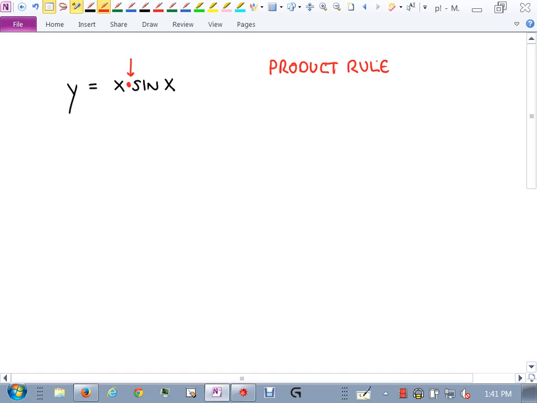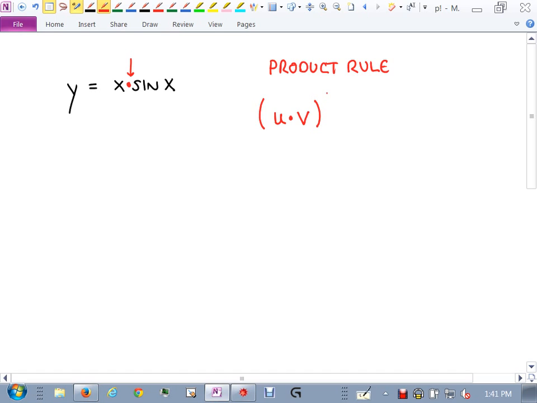Here's a notation that I'm going to use. If I have something, I'll call it U, times something else, which I will call V. So I just have two things being multiplied together. U could be x here, right? And V could be what? Sine x, right?